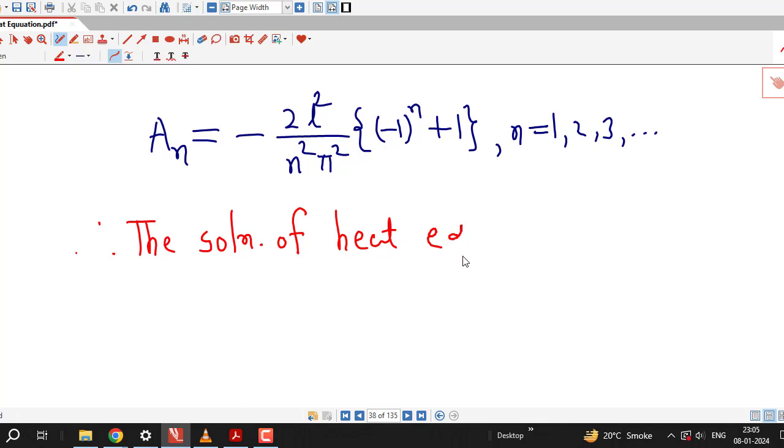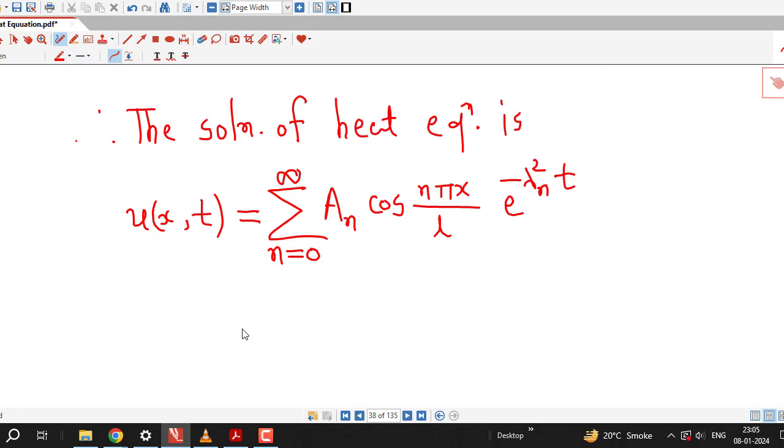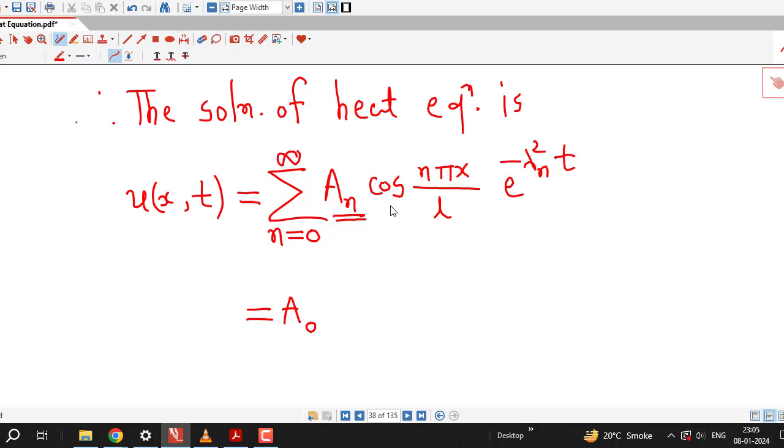Now the solution of heat equation is, first I am writing the formula again, u(x,t) equal to sigma n equal to 0 to infinity an cosine of n pi x divided by small l here e raised to minus lambda n square times t. Now we have a0 calculated separately, so for n equal to 0 I am writing that term outside the summation.